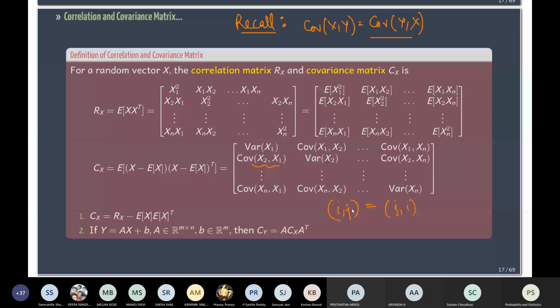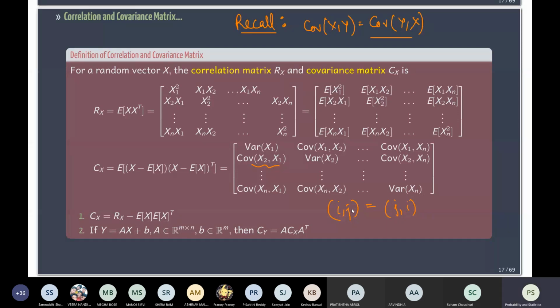And then the other thing was that it's positive definite, right? So why would the covariance matrix be positive definite? Right, it is symmetric is fine, but why does it have to be positive semi-definite? So what is the definition of a positive definite matrix?